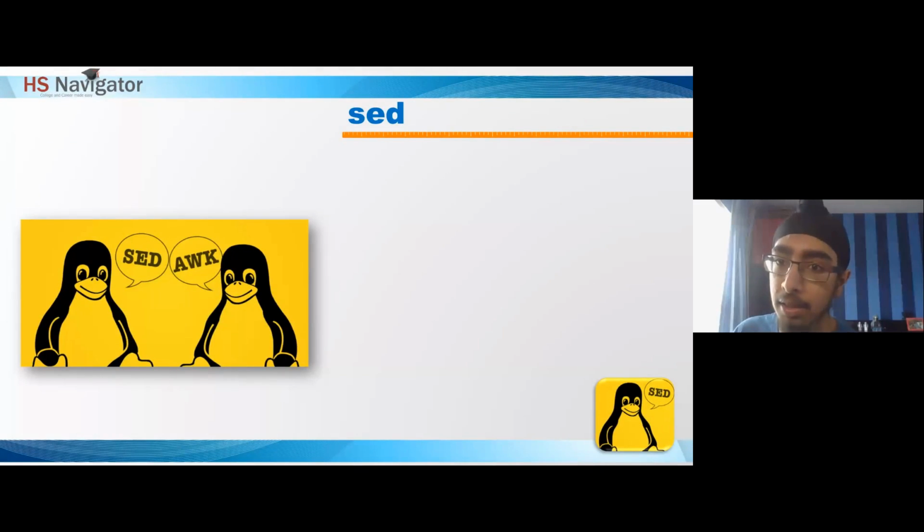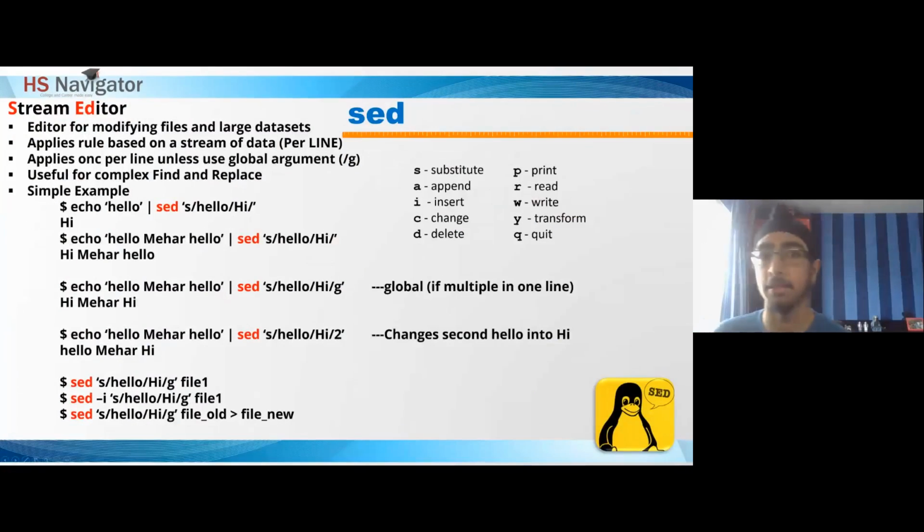The next really big command, like we said before, is awk, and there's also sed. What sed does is it's another one of those text editing commands. It's called stream editor, or sed for short.